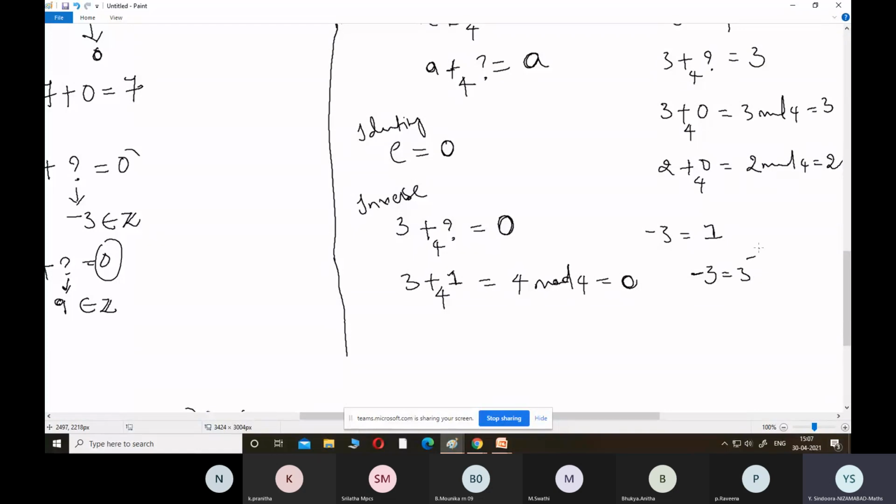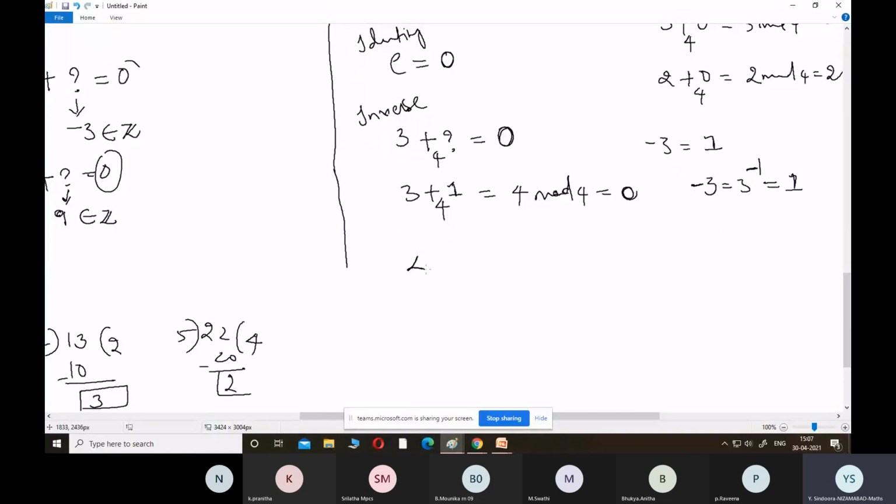With respect to addition, 3 inverse means 3 added with what gives 0, which is 1 for us. Now tell me what is 4 inverse? Do I have 4 first of all?